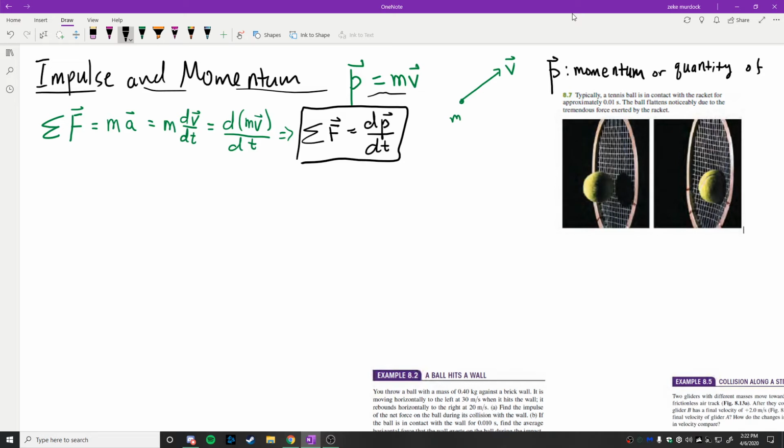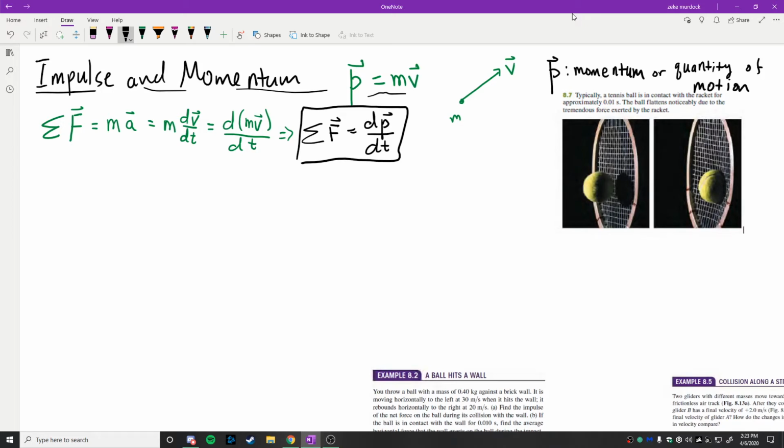I don't know why I really like that phrase. It quantifies the motion of the object. It takes into account not only how fast it moves, but also the size of it. Because it turns out that those two things combined, mass and velocity, tell you quite a bit about what an object's doing.